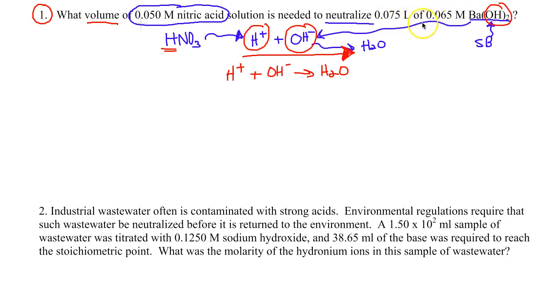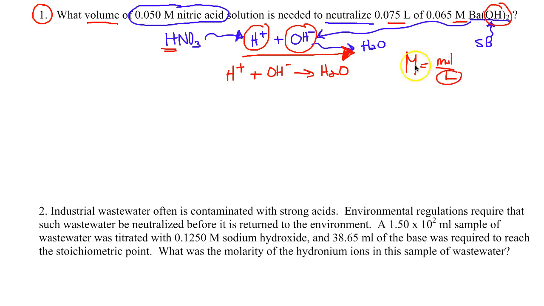So from our precipitation or molarity unit, we should recognize that, wait a minute, I've got a molarity and I've got a liter. You can get moles of barium hydroxide and then get hydroxide. Remember, there's a ratio of hydroxides to barium hydroxide. So I can do it that way. Remember, molarity is equal to moles over liter.